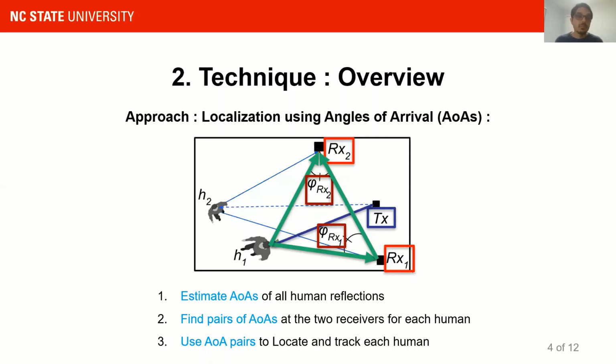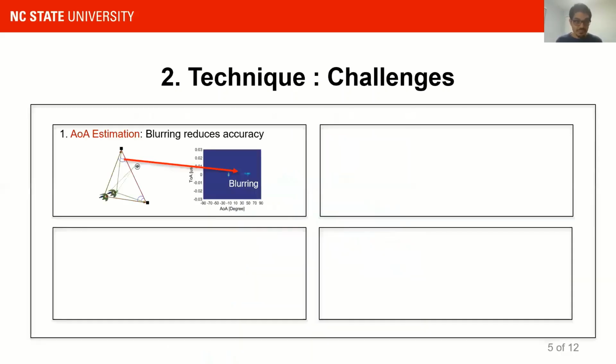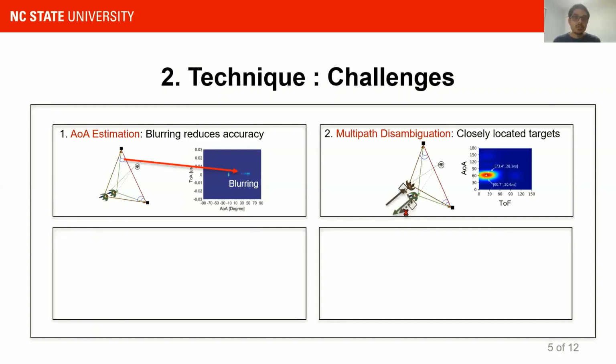However, implementing this approach has multiple challenges. The first challenge is that as a person moves, the angle of arrival can move quite quickly, and this can cause blurring, and this reduces the location accuracy. Second, two closely spaced humans can have very similar multipaths, and so it becomes very difficult for us to clearly separate them out.